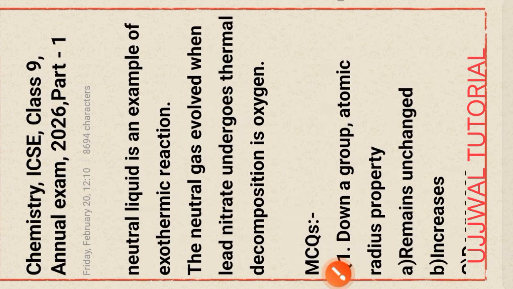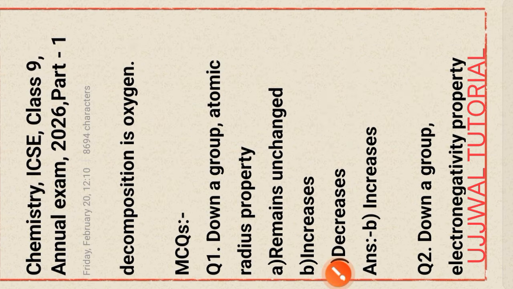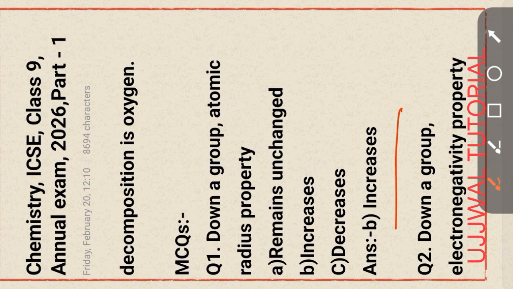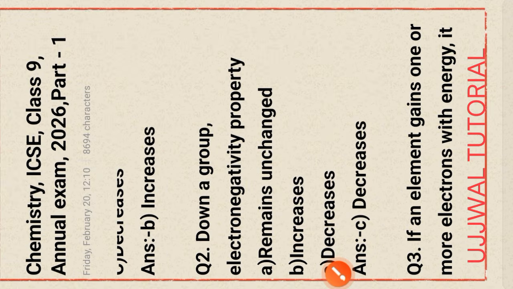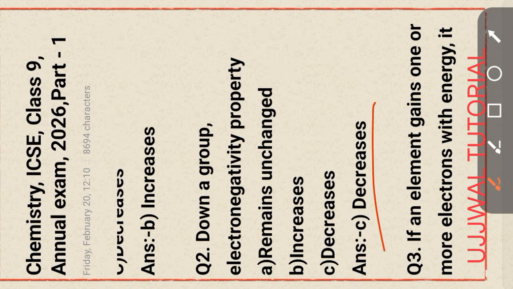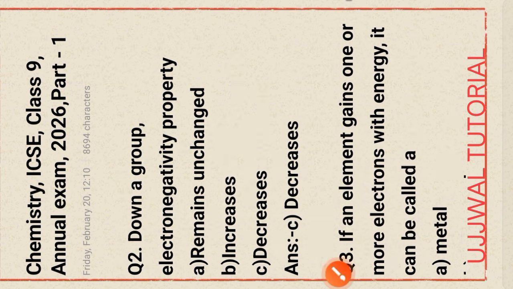Okay, next part, some MCQ. Down a group, atomic radius increases. Down a group, electronegativity decreases.